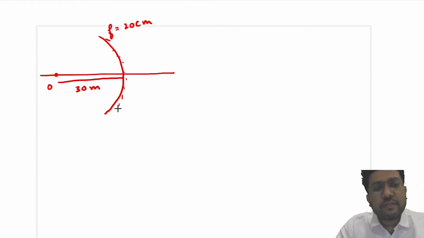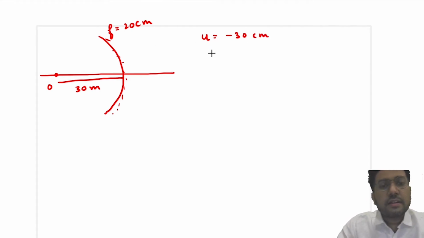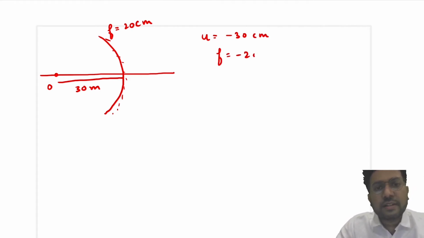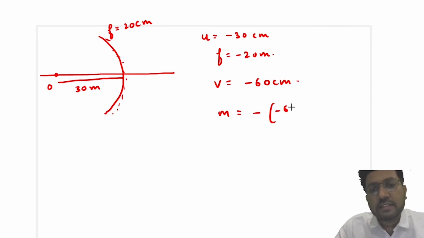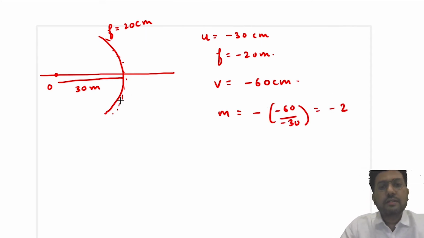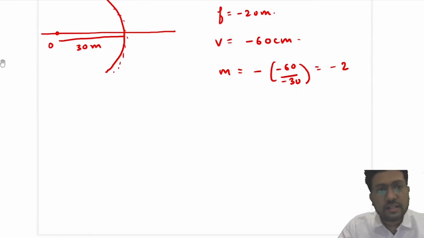So here u is minus 30 centimeter and f is minus 20 centimeter. When you solve this, you will get v is equal to minus 60 centimeter and m is equal to minus of minus 60 by minus 30, that is equal to minus 2, right? Once you have got the value of magnification, now what are the questions that are asked? Let us see.